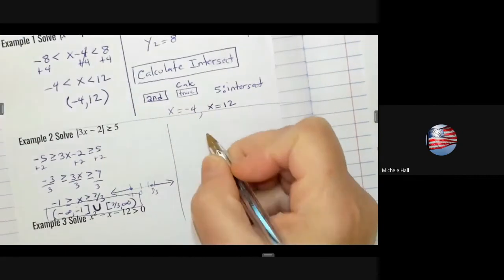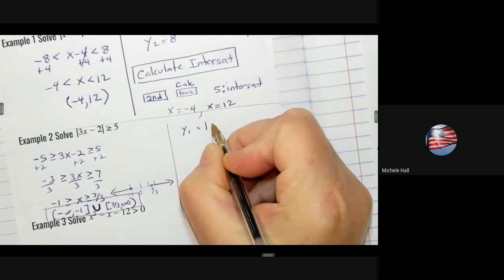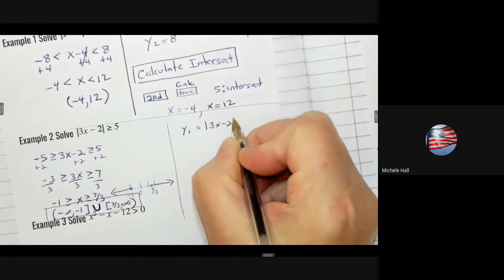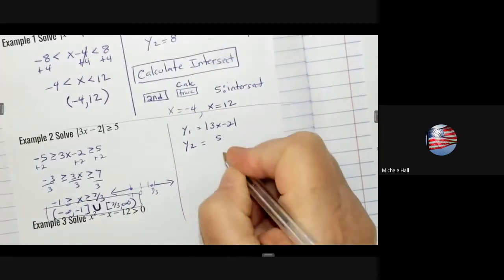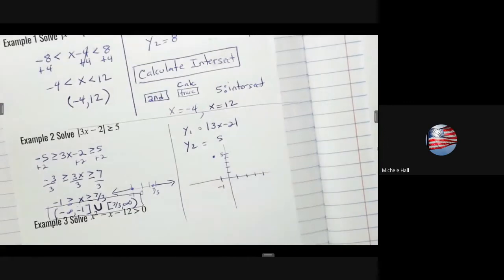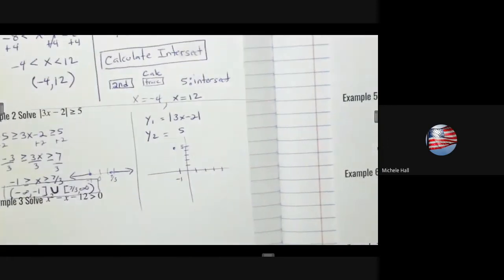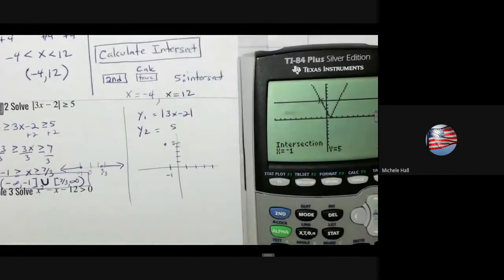All right, so we have y1 was the absolute value of 3x minus 2. Y2 was 5. There's -1, 5. And now we're going to calculate the other side.